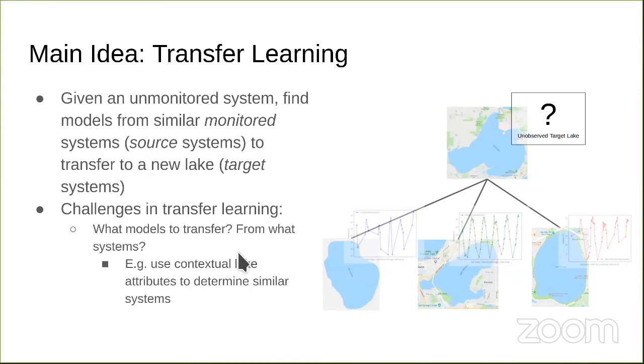Some of the biggest challenges in transfer learning across disciplines are: what kind of models do we transfer, and from what systems? In this work, we'll use contextual lake attributes to determine what is similar or what is transferable, which I'll talk about in later slides.